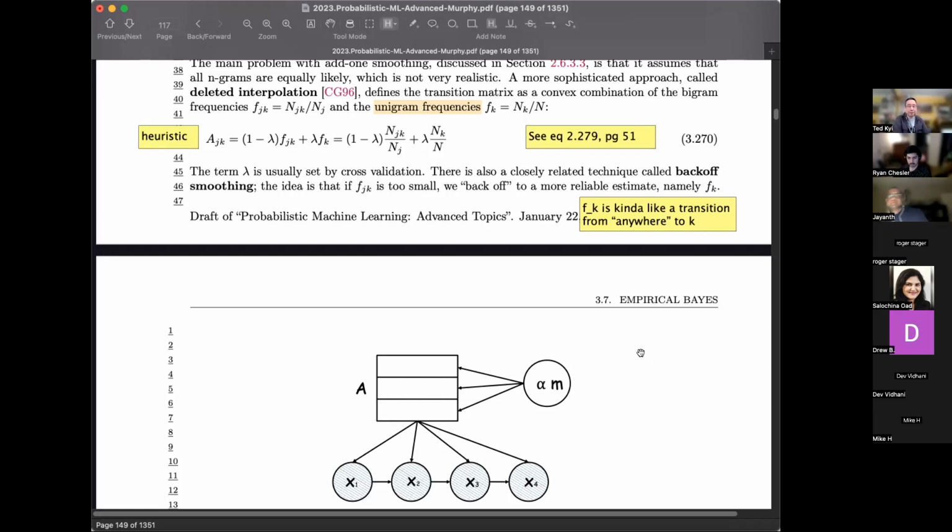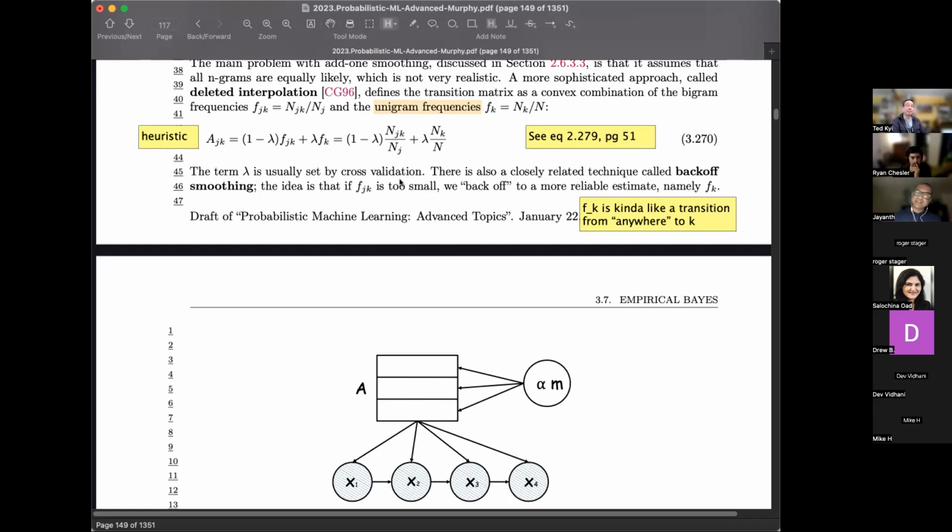Just to add to what you said, if you already have transitions between bigrams, then the first term comes into play, and if you didn't have it, only the second term comes into play. And then he says, but the question is, how do you determine lambda? He says, just use cross-validation.